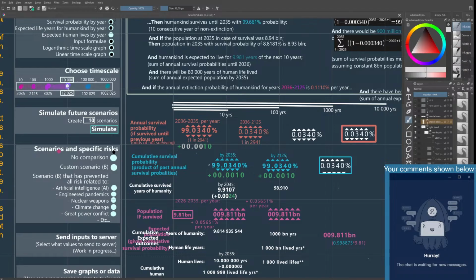I'm wanting something like this. So if this goes to here, and it goes to here.